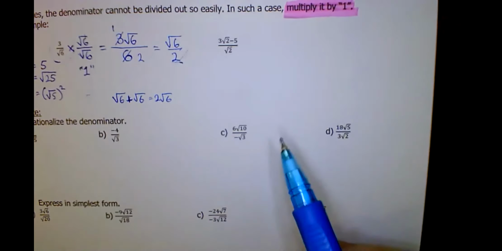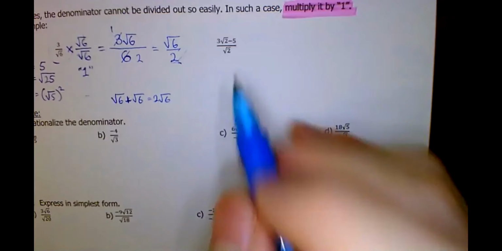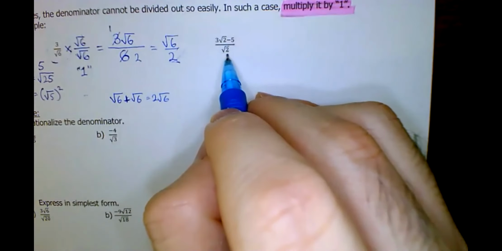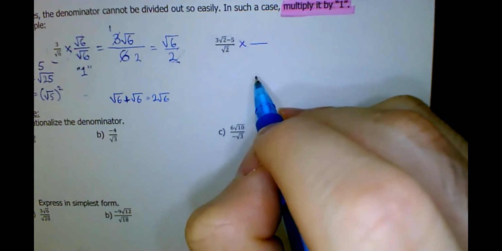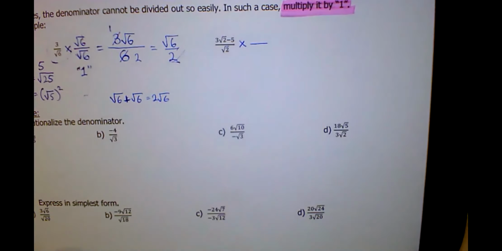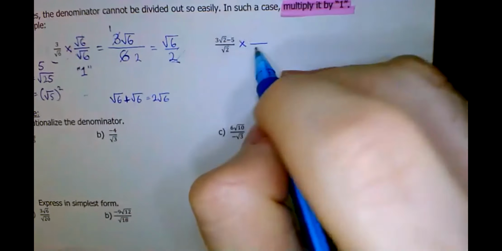Let's try it again. Ivan, I think I'm coming to you. I have a radical on the bottom, on the denominator. How do I get rid of it? You can pass. Not a problem. Alright, maybe Ivan, yes, multiply by square root of 2.